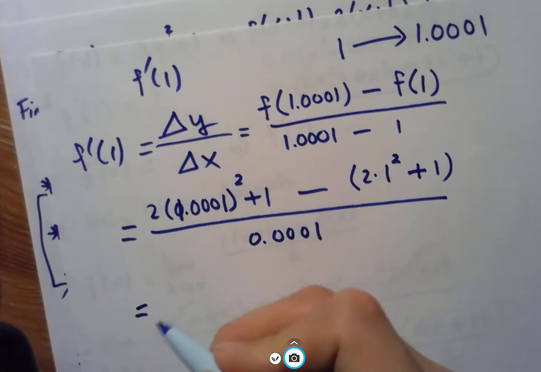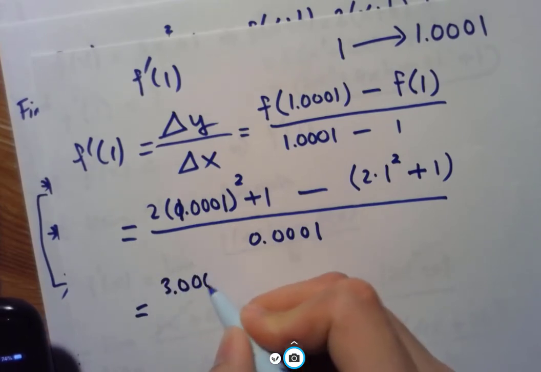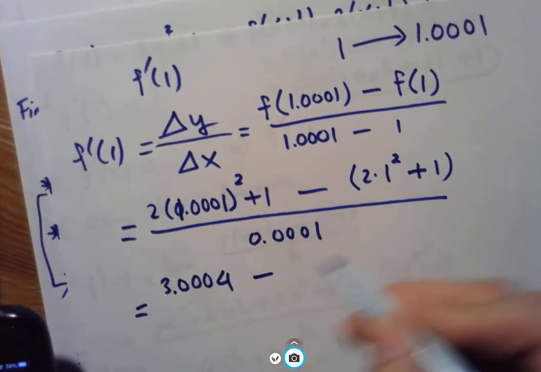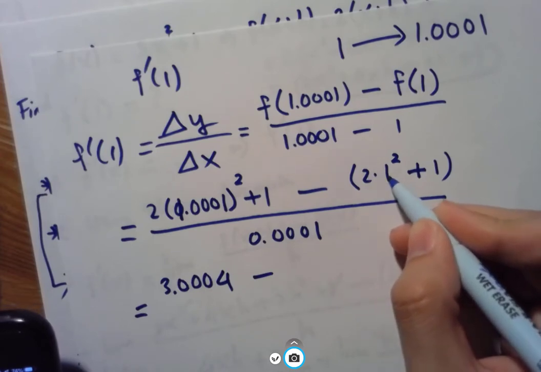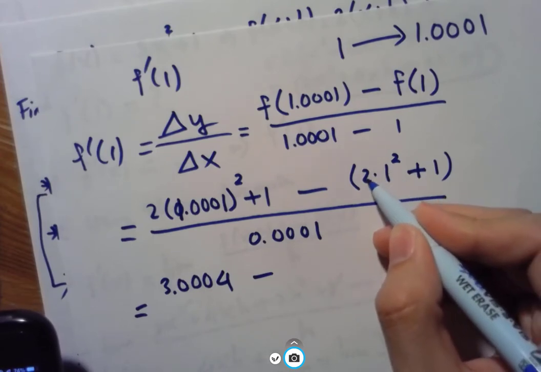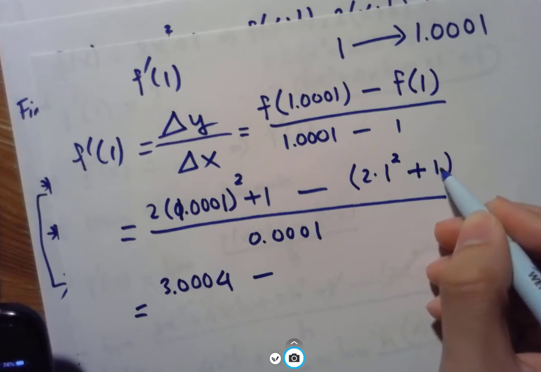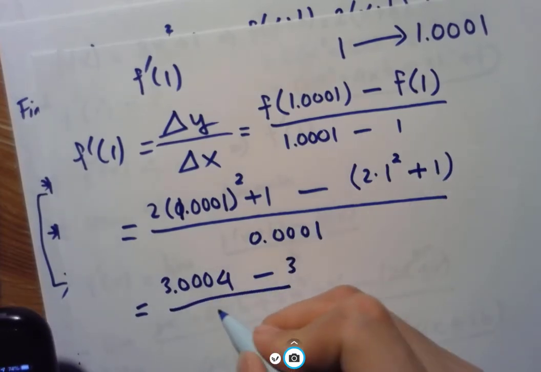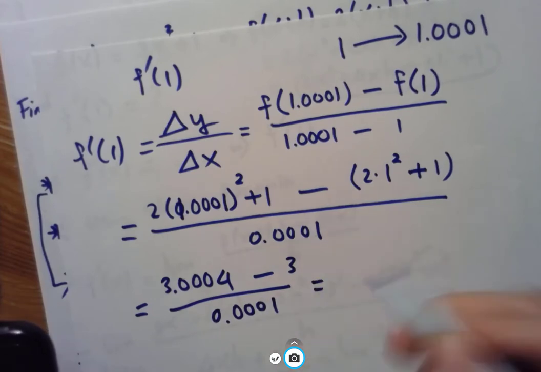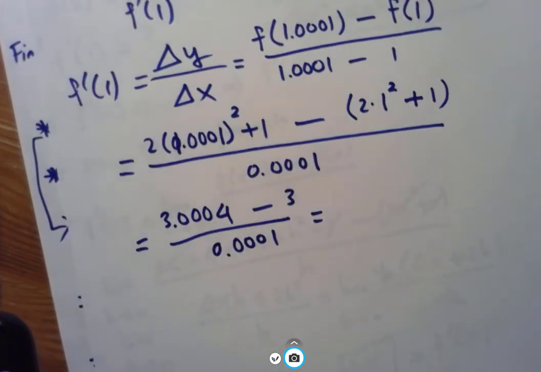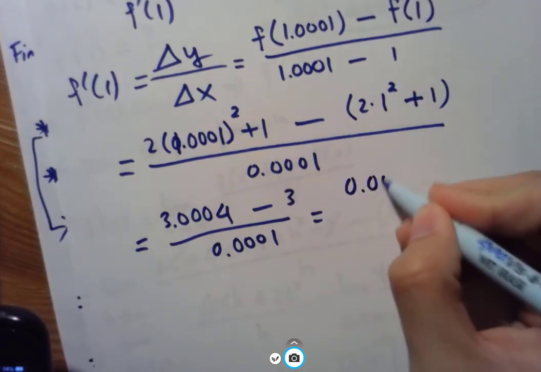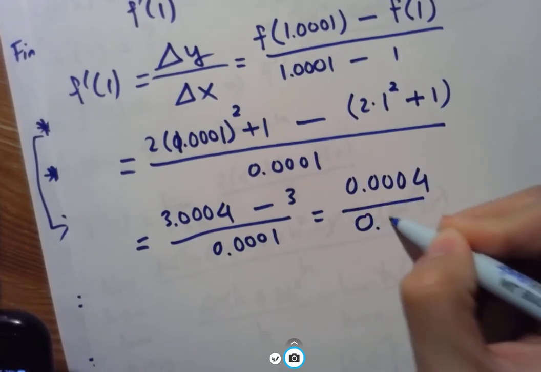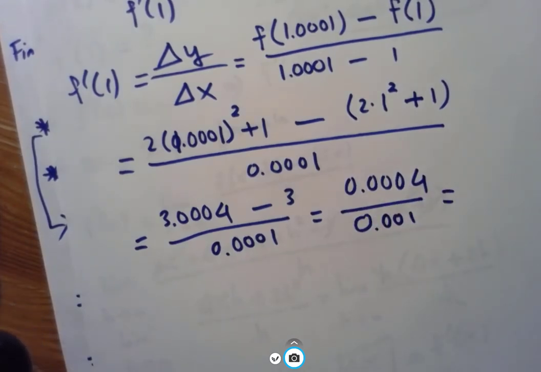That should give me around 3.0004, and the f of 1 is 2 times 1, 1 squared is 1, 1 times 2 is 2, 2 plus 1 is 3, so minus 3 over 0.0001. And now let's do the subtraction. 3.0004 subtract 3 is 0.0004, divided by 0.0001, and that should give you 4.